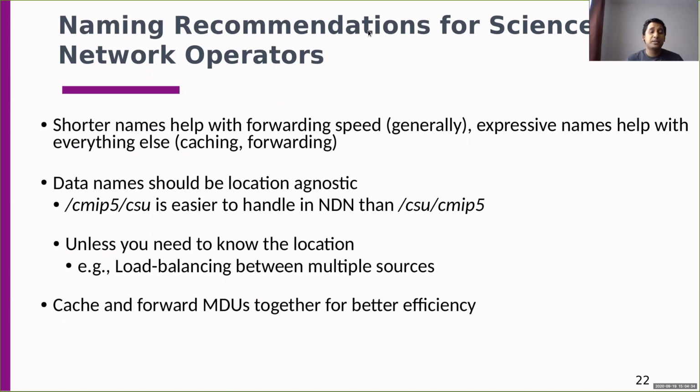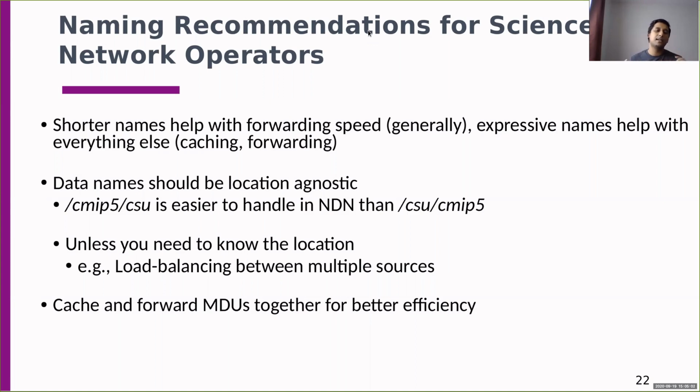Again, data names should be location agnostic. So CMF5 CSU is much easier to handle in NDN than /CSU/CMF5, unless you need to know the location. For example, if you have two data sources that you're load balancing between, you want to uniquely identify which endpoint your data is coming from.